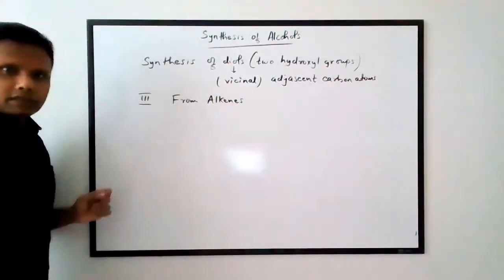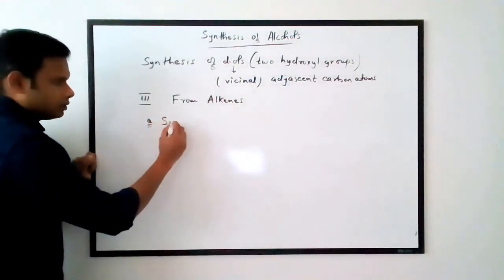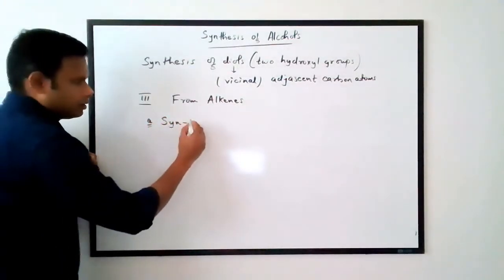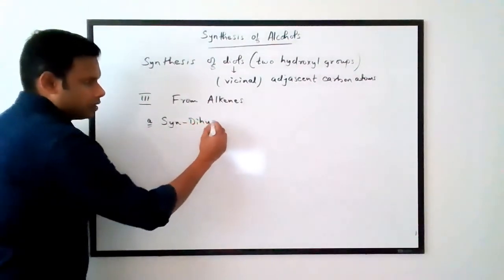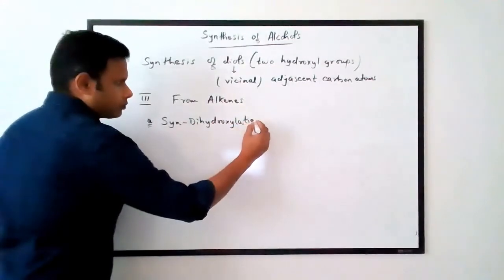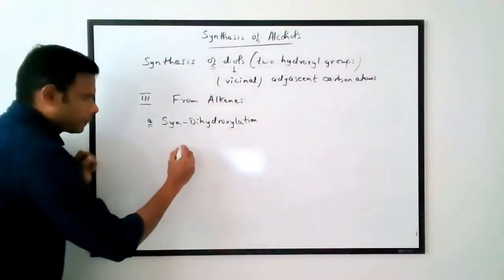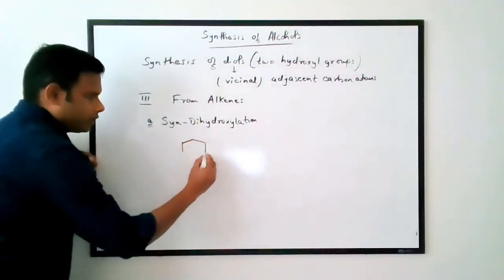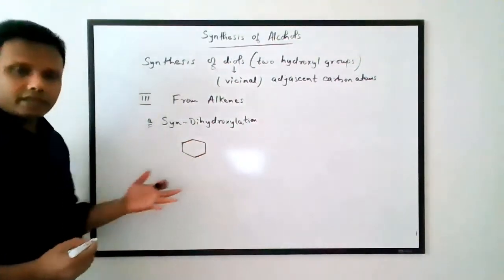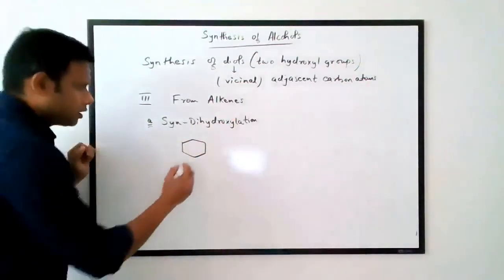So starting from alkenes, we learned syn dihydroxylation. This is one of the reactions. And there are various reagents that can make this reaction happen.